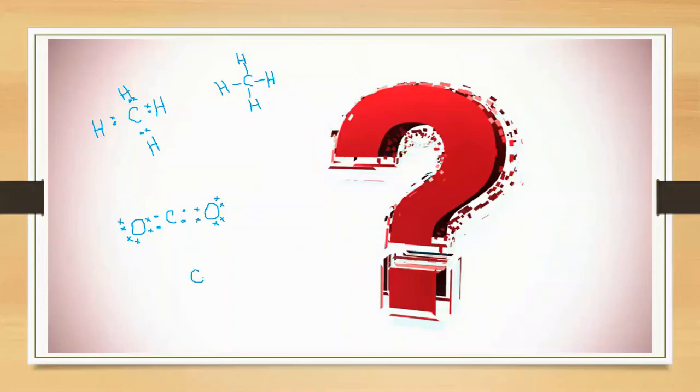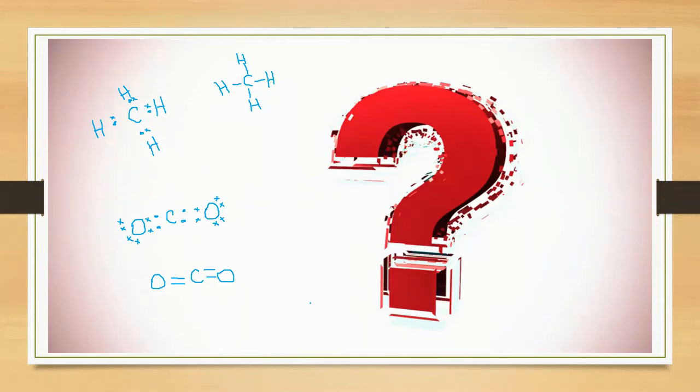So in the case of carbon dioxide, we write O double bond C double bond O. This is the carbon dioxide molecule, where the carbon atom combines with 2 oxygen atoms by double bonds.